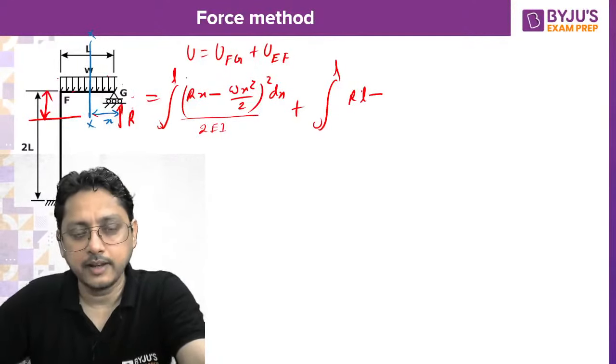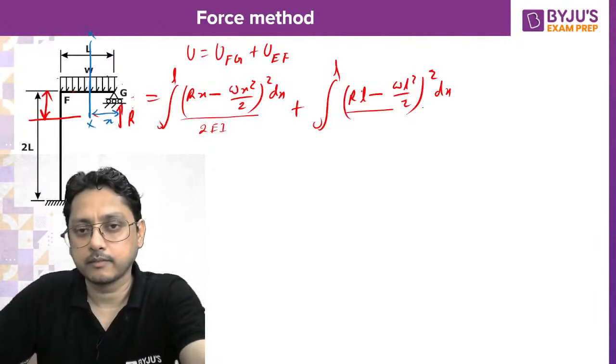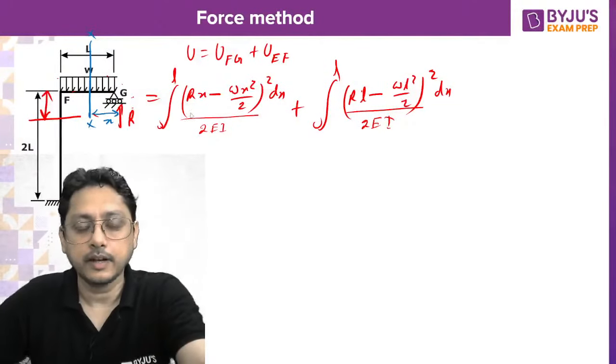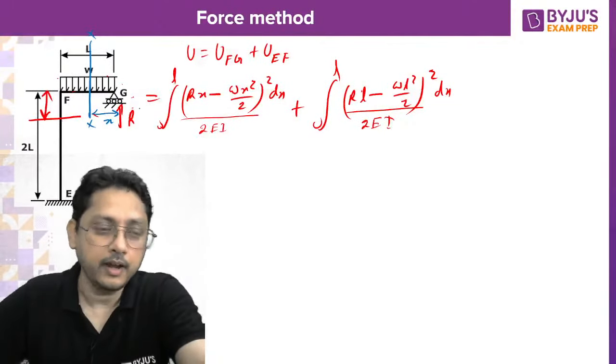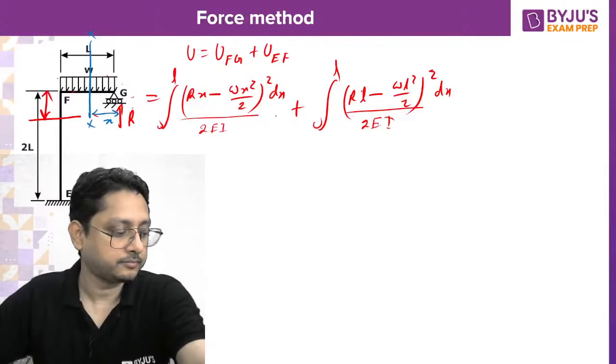W into L, L is the length, so WL square by 2. This is your bending moment. That is M square dx by 2EI. That is the total strain energy in EF and FG. Did you get that?